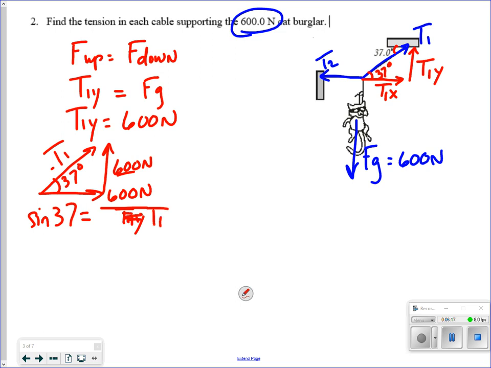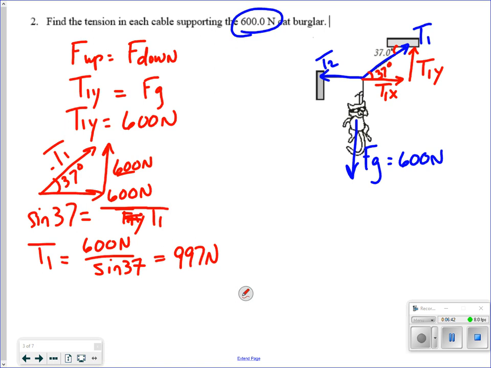T1 then is going to equal 600 newtons divided by the sine of 37. And, let's see, I get 997 newtons. Remember to stay in degrees, not radians.